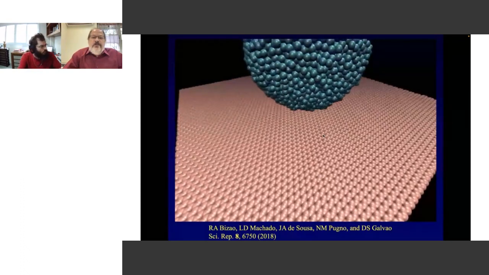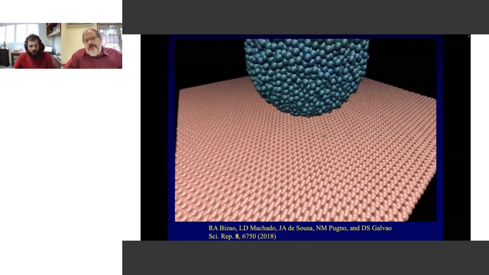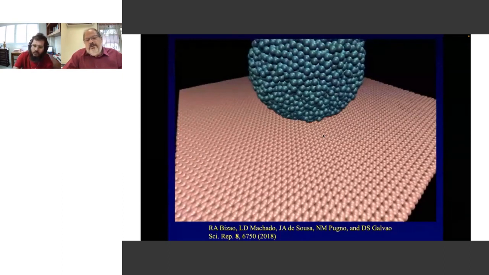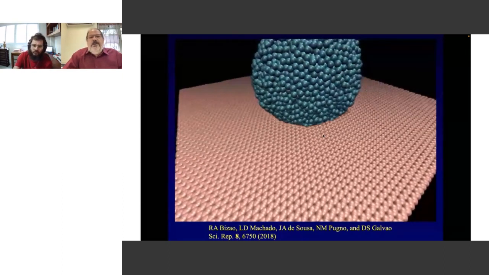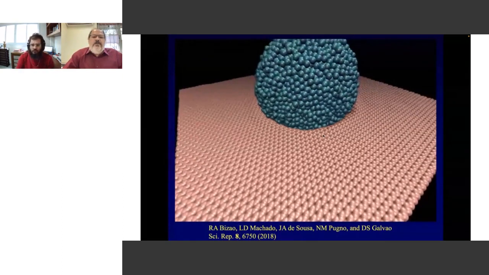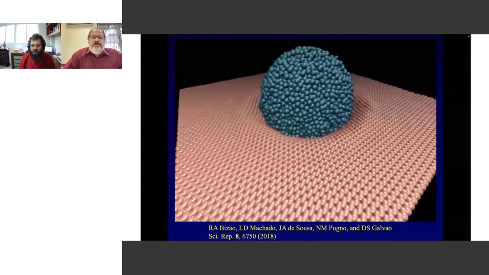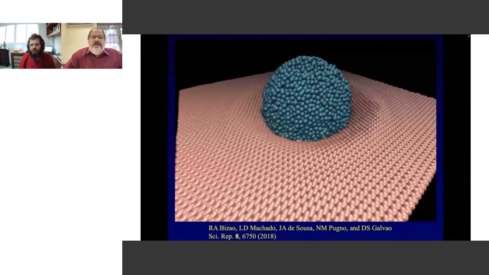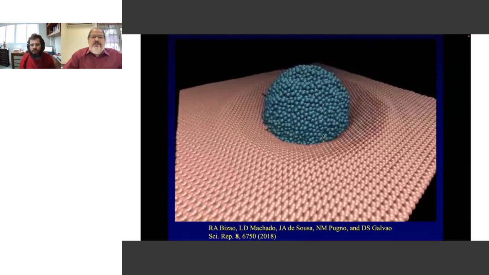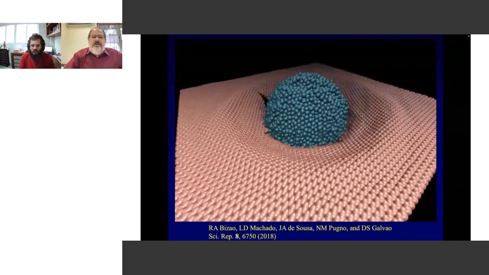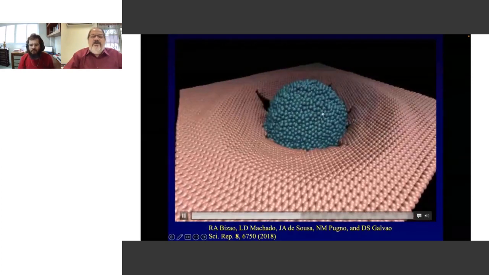In this case, we use a nickel particle. We also used a silicon nanoparticle. The nickel particle starts interacting with the graphene membrane, deforms it, and it has enough kinetic energy to start breaking the bonds. Then comes the quite interesting result.